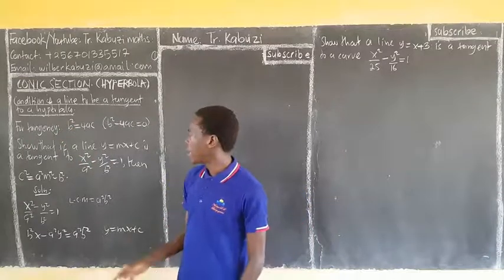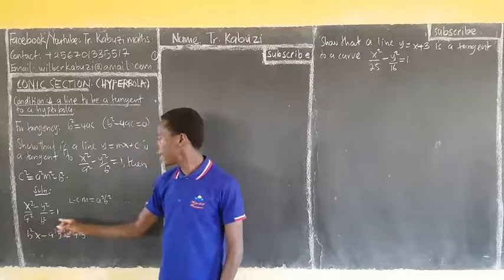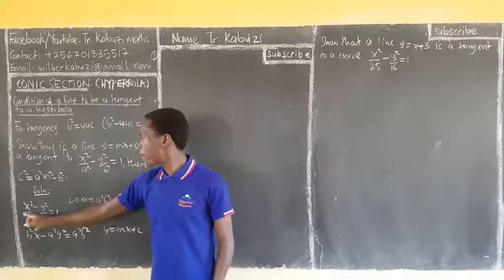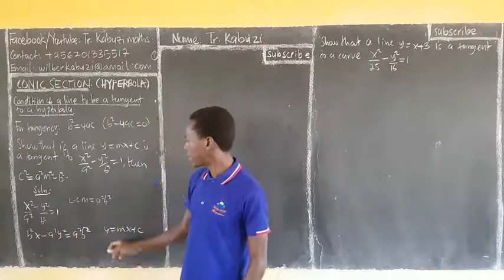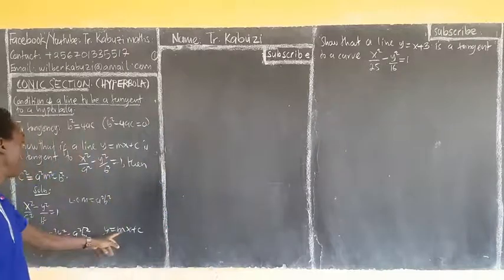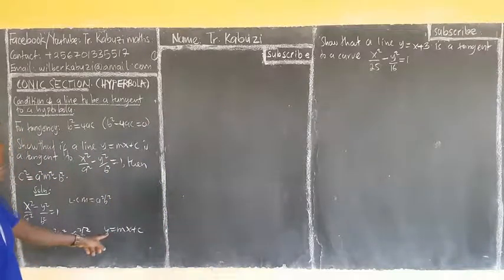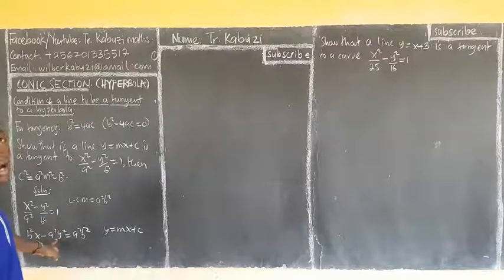Now from here, I start by getting the LCM. Multiply this and this, I get this. This is the LCM. You multiply it here, here and here. This is what I get. So this is the line here. Now if I substitute it in here, because at that point of intersection, the y for this line will be the same as the y for this curve.